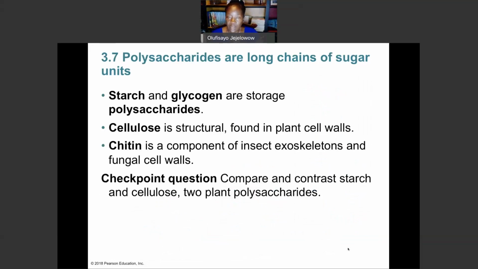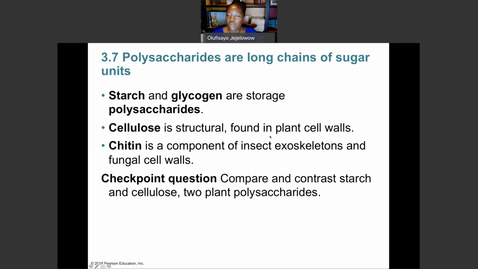So polysaccharides are long chains of sugar units. Examples of polysaccharides are starch and glycogen. Starch is the storage polysaccharide in plants. Glycogen is the storage polysaccharide in animals. Other polysaccharides include cellulose. This is the most abundant polysaccharide on Earth. It is the material that forms the cell walls of plants.